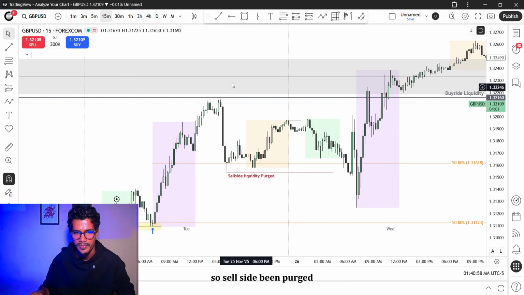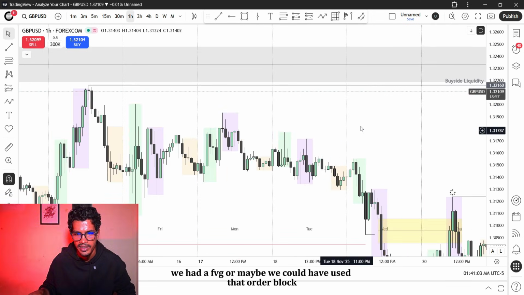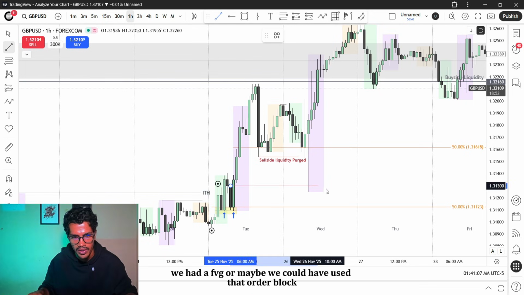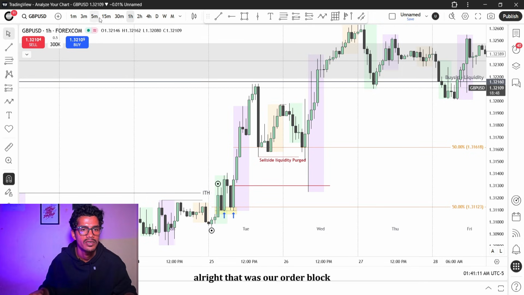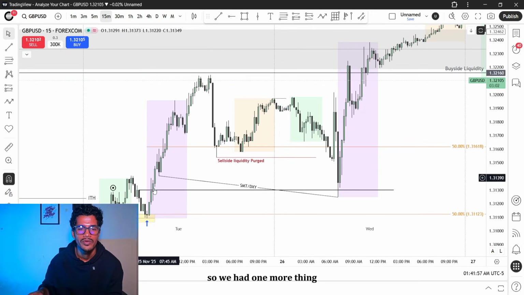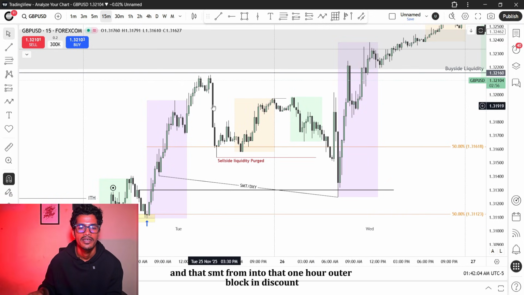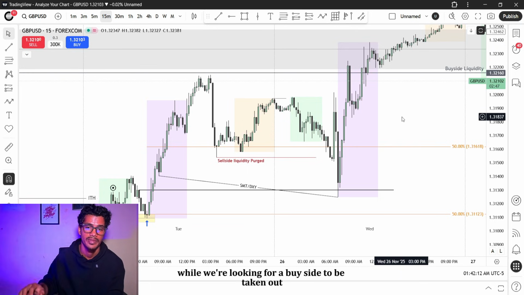So sell side was taken first, then I think on the 1 hour time frame we had a fair value gap, or maybe we could have used that order block. All right, that was our order block. So we had one more thing. We had SMT to DXY with that swing low and that low, and that SMT came into that 1 hour order block in discount while we're looking for buy side to be taken out.